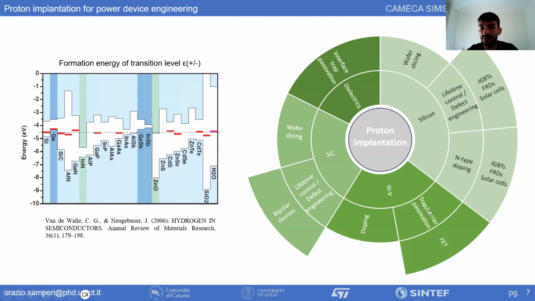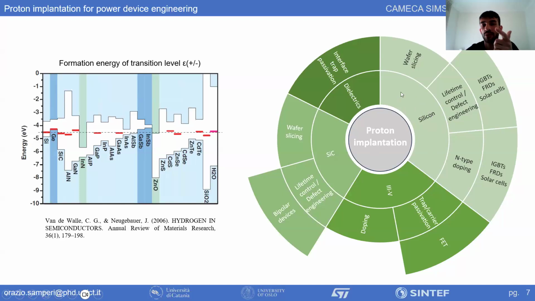Another effect of the proton implantation is the passivation of traps, or creation of traps. This is what they use for silicon technology, but also for silicon carbide. The uses in silicon technology are quite old, and the object of my study I will show you is a structure that is commonly used in manufacturing of bipolar devices based on silicon.